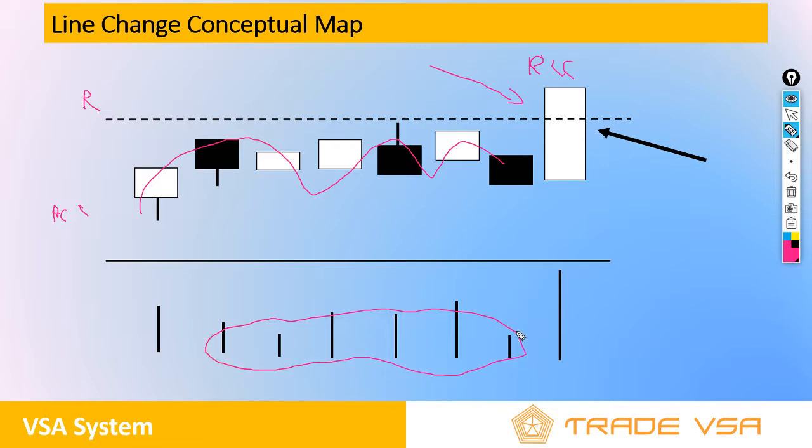The 18 line change usually breaks above this resistance of the 18 bars with higher volume, which means smart money has accumulated this zone. This support resistance zone has been accumulated, and then they are ready to push up, which means the beginning of stage 2, the markup stage.